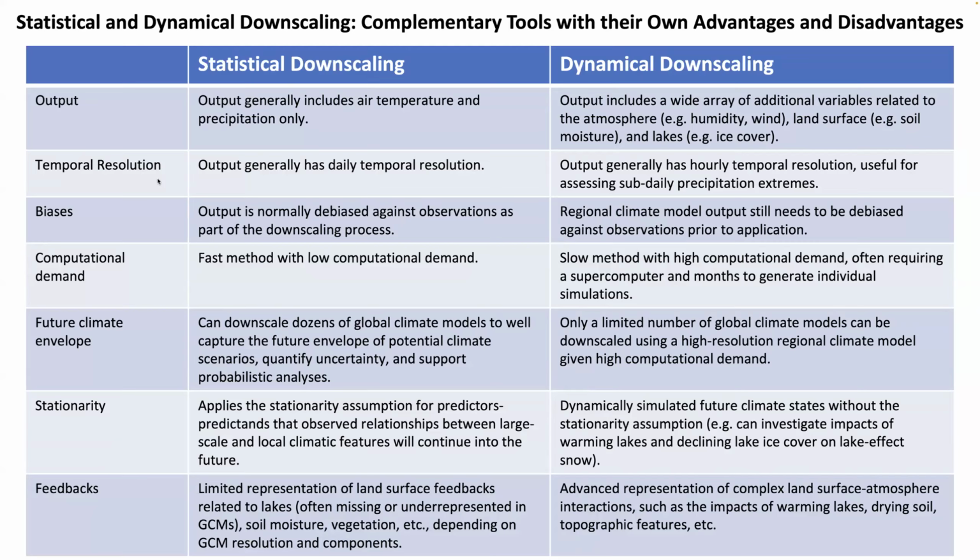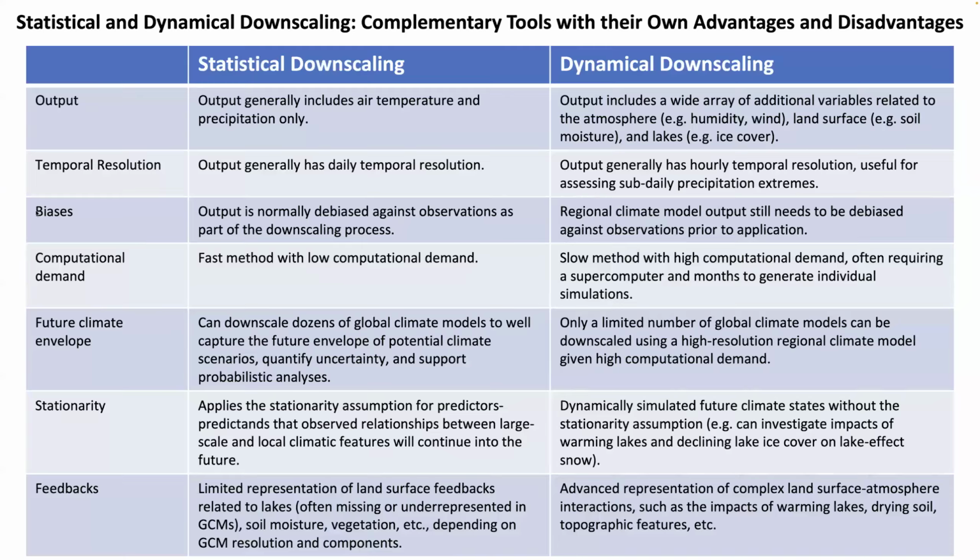Temporal resolution, statistical downscaling usually is just daily. So you get daily average high, low temperatures, precipitation amounts. Whereas dynamical downscaling is useful if you're interested in sub-daily, hourly storms, storms that happen, flash flood kind of events. And so if you're interested in that, then dynamical downscaling provides more information.